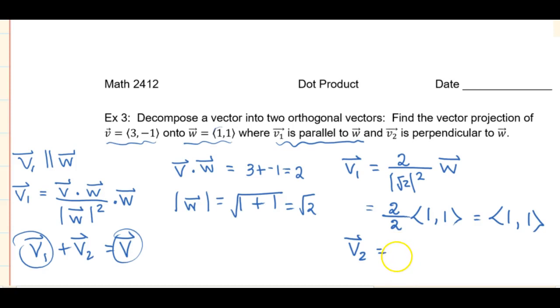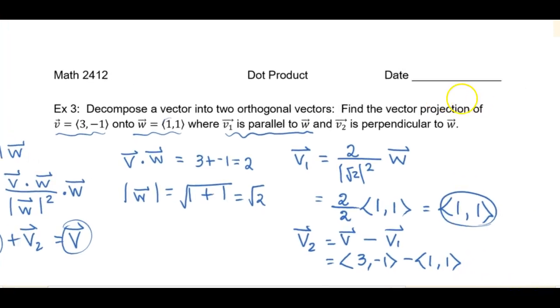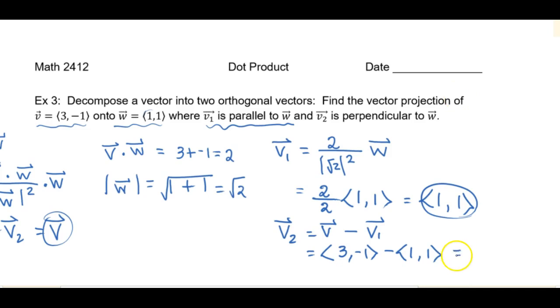So right here I'm going to write down that we're going to get vector V and subtract vector V1. So vector V is 3, negative 1, and we're going to subtract 1, 1, because that's what we found up here. Which means we can find that this is going to equal 2, and then I subtract, I'm going to get -2.